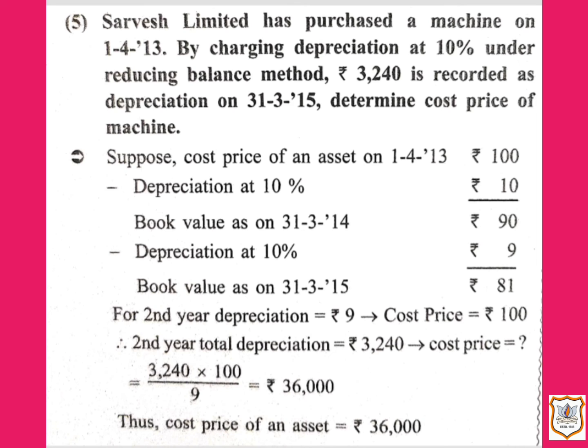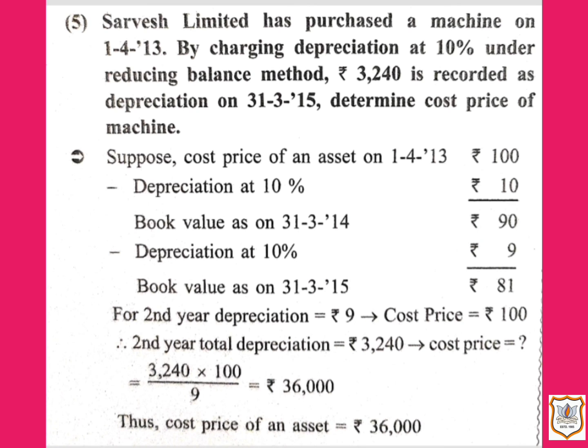So here we will have to assume the cost price of machine, that is rupees 100. And if we deduct depreciation for the first year, the depreciation rate is 10%, that means 10% of 100, that is rupees 10. And if we deduct, we will get rupees 90, that is book value as on 31st March 2014. Or we can say that this is the opening balance of the second year.